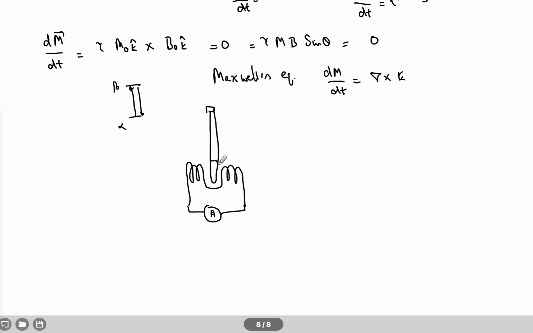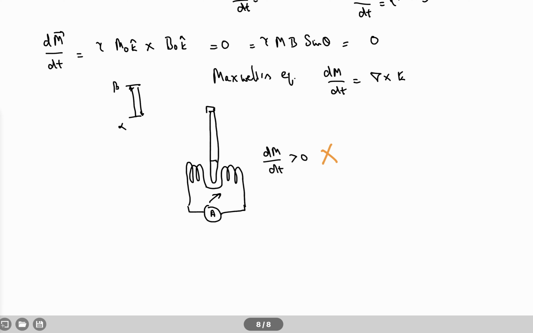Now if my magnetization, if dM by dt at thermal equilibrium is changing, is not 0, then I would see a deflection in this ammeter, right? That means a current is being induced in the coil because the changing magnetic field lines are cutting through this coil. But in the case of thermal equilibrium, this is not the case.